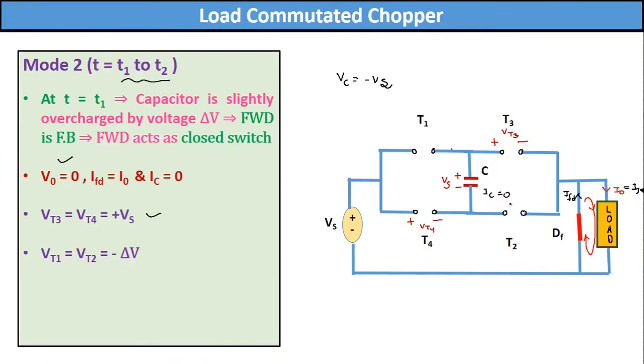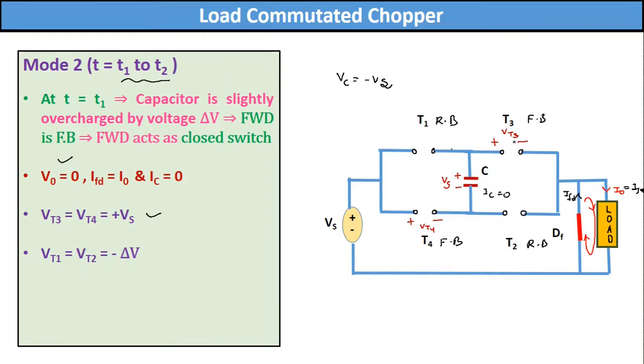So the T1 and T2 thyristors go into reverse bias and turn off. T3 and T4 go into the forward bias condition, whereas T1 and T2 are in reverse bias. They will act as open circuit.